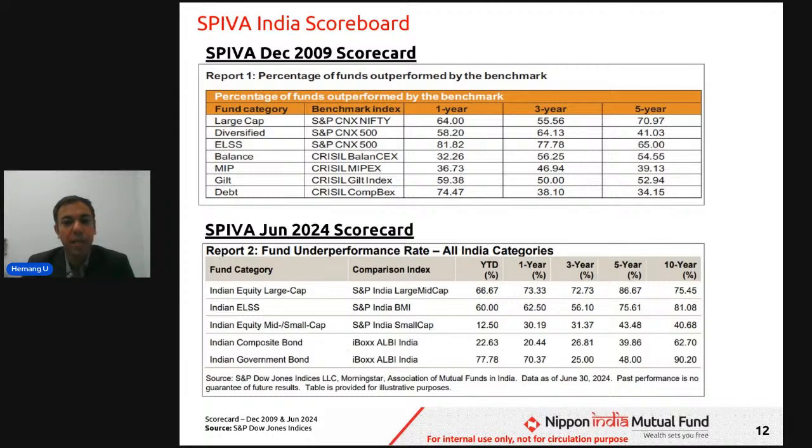Why not take an index fund and be rest assured that if you are a long term investor, at least as per the report, let's say for example for 5 years, 86% of the time you have beaten other large cap funds in the market. So this is a very strong data point to keep in mind when you are looking to invest in such funds. Similarly, if you go down the line in the same table, if you see mid and small cap, the percentages are lower, yes, but they keep on increasing as the years go by, right?